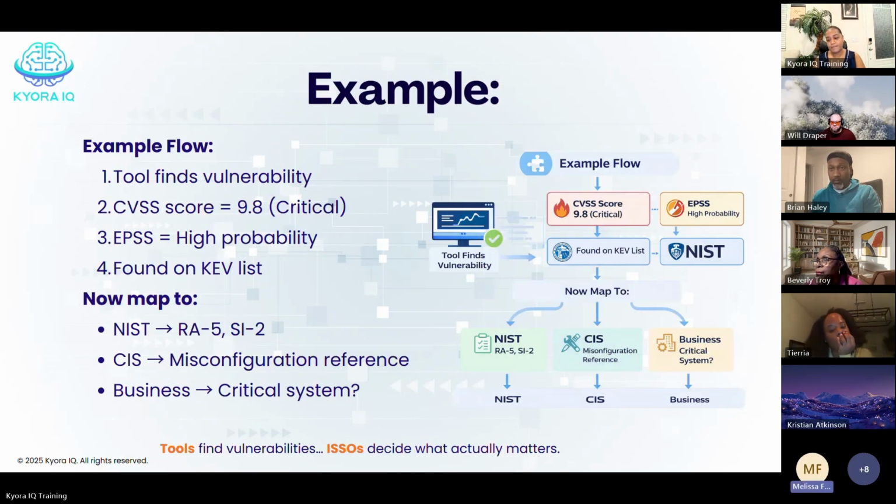So when you say the tool finds the vulnerability, is the tool just scanning? Like, how often is it scanning to find that vulnerability, or how does that really work? So it depends on the tool itself. The frequency of the scan is set up by the engineer based on agreed upon scanning levels, right?